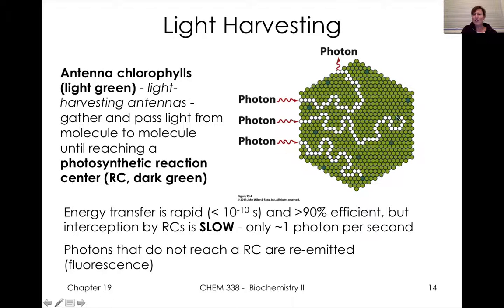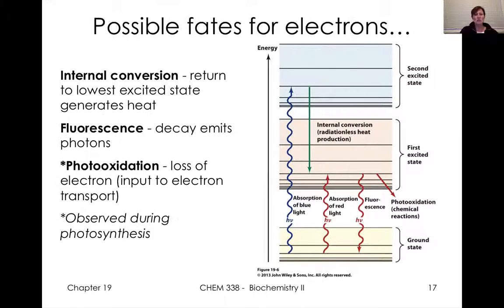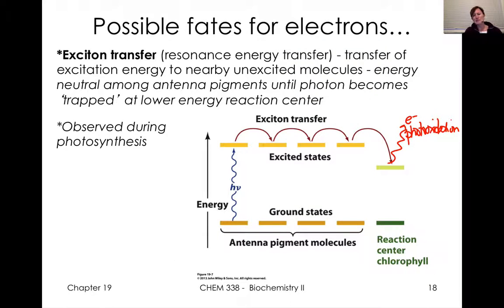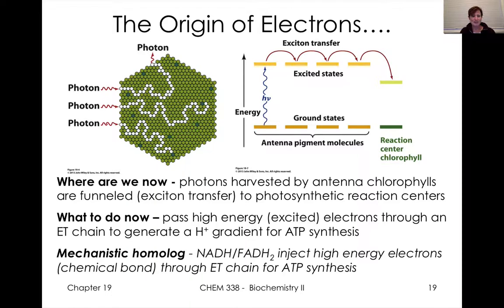When you finally get to one of these dark green ones, these photosynthetic reaction centers, once that one gets excited, then we have photooxidation, and that electron becomes part of the electron transport chain. So again, we'll talk about that in some detail in an activity, and we'll actually kind of act out and role play what happens in a chloroplast.